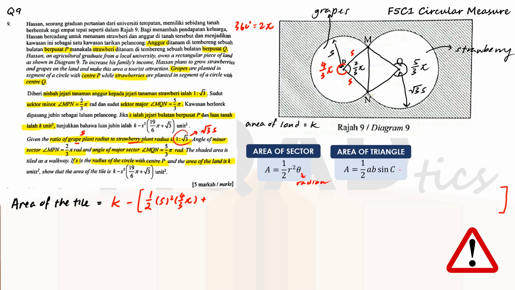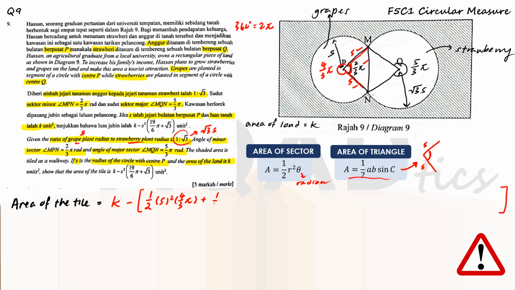Another thing to note is that to use this formula, we need to satisfy this condition: we need to have two sides of the triangle, and the angle between them. Then only we can use this formula. Here we have satisfied the condition, right? The sides are here, and the angle is between them.